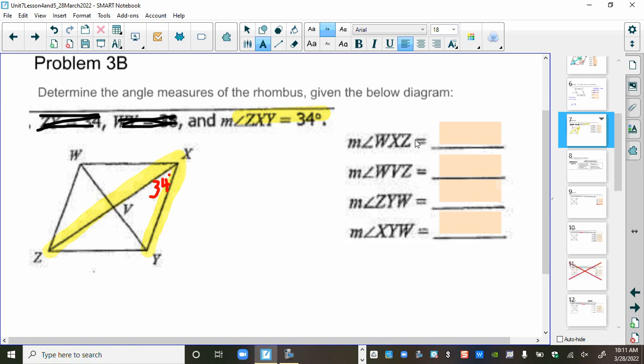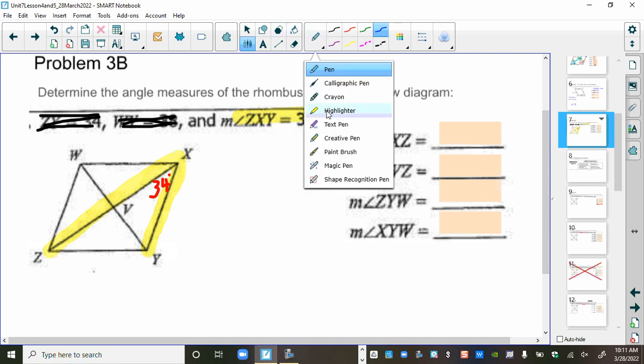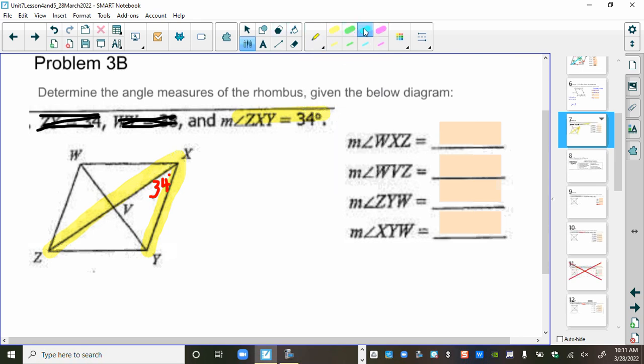We do. Well, because of the rhombus, what do we know? What do we know about the angle bisector here? What about this diagonal? 90 degrees. Okay, here is 90. So all four of these are going to be 90.